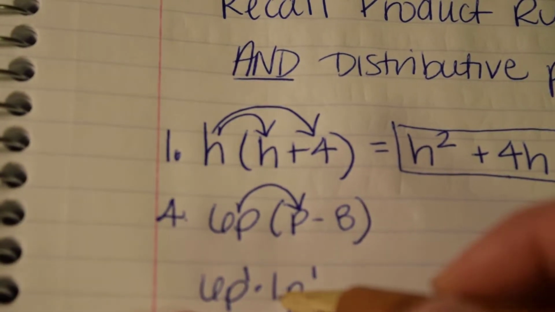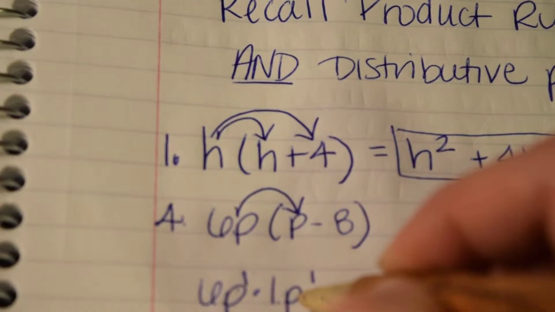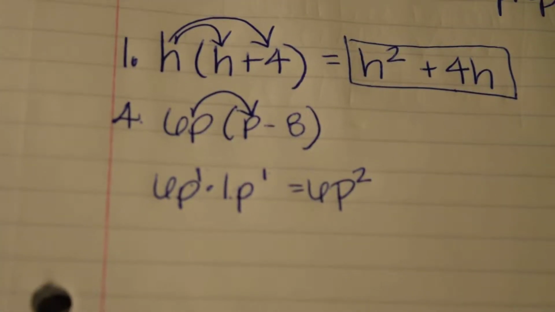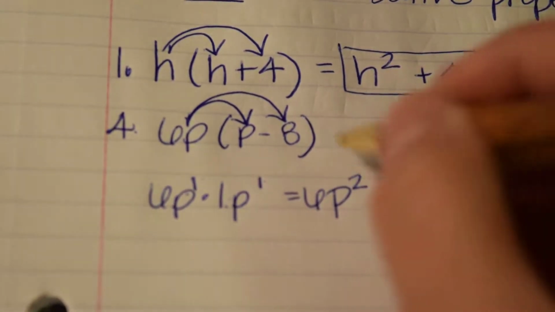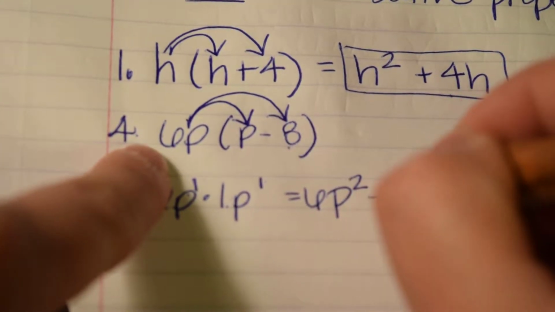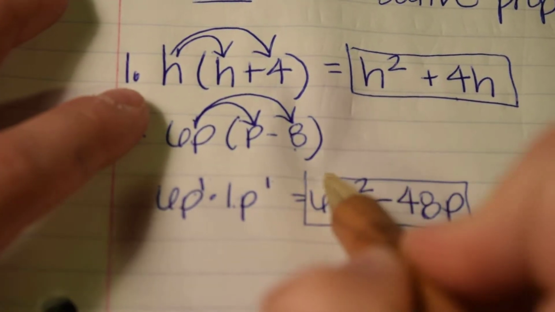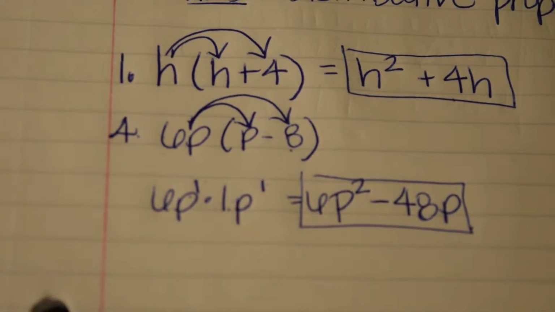So 6 times 1 is 6. p to the first power times p to the first power gives me p squared. And I'm just breaking it down now, but I won't do that later. 6p times negative 8. Well, 6 times negative 8 is negative 48. And then we have the p. This is in standard form because it's from highest degree to lowest degree in alphabetical order.